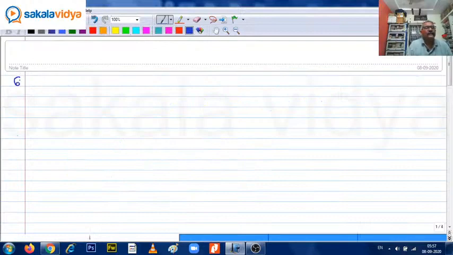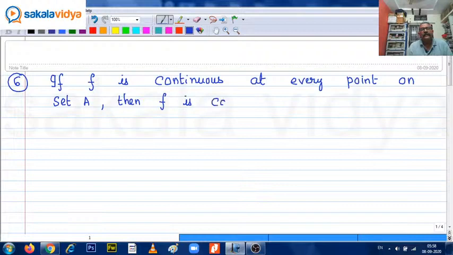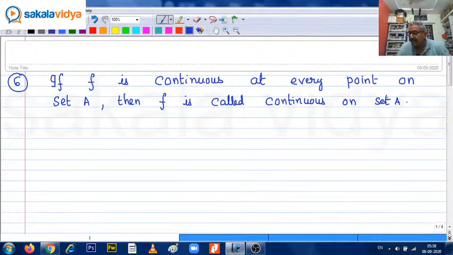Okay, next, sixth point. If f is continuous at every point on set A, then f is called continuous on set A. So when do we say that the function f is continuous on set A?